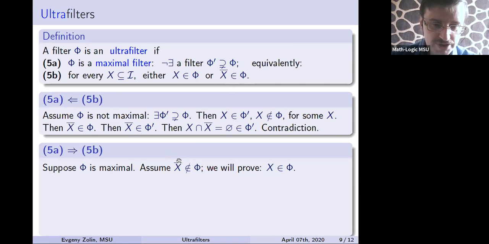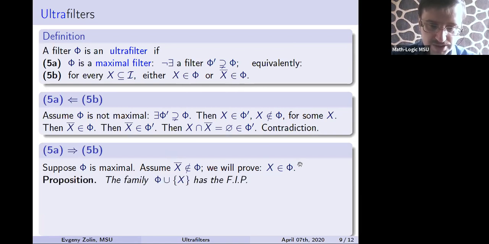Let us assume that its complement is not an element of phi, and we will prove that the set X is in phi. How can we do this? We will simply show that if we add this new set X to our filter phi, then we obtain a family of sets that has the finite intersection property.